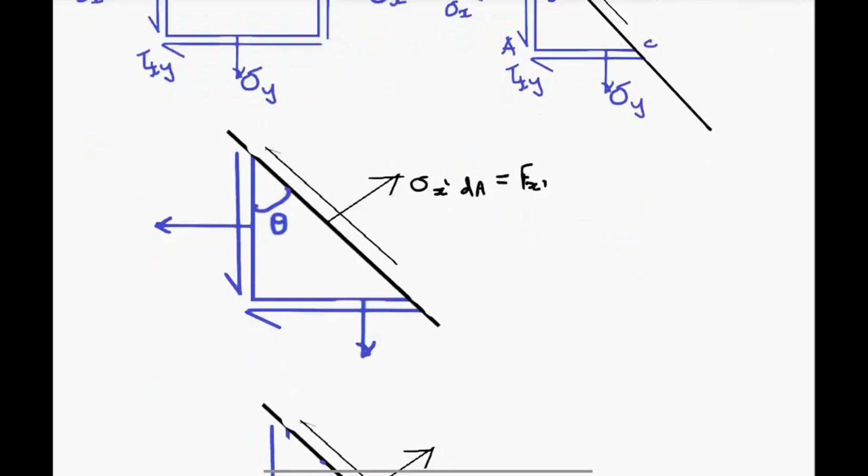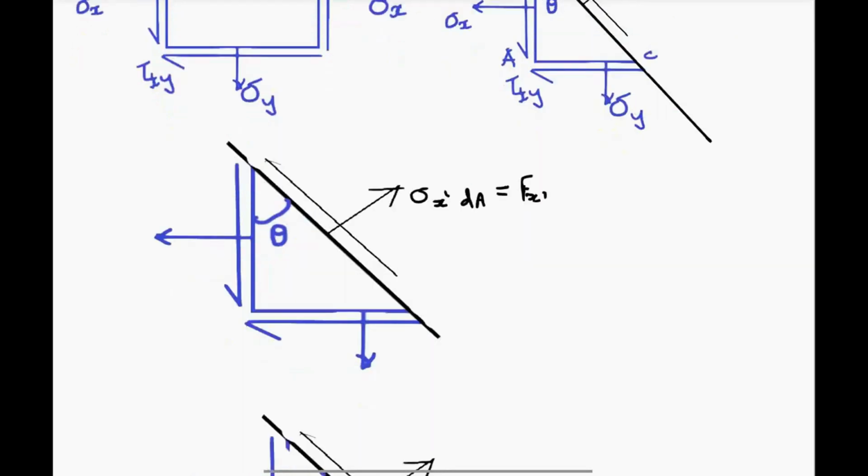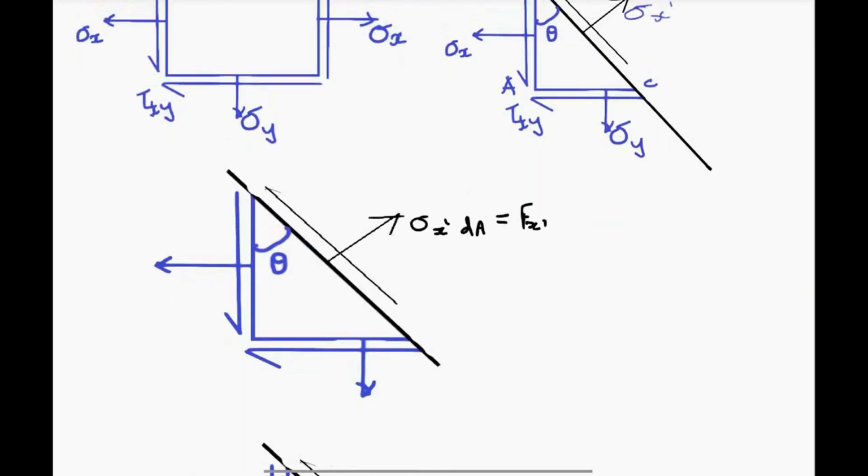Now, to find the unknown stresses, we'll have to find the forces due to the stresses, and then draw a free body diagram so that we can sum up the forces and find the formula required in determining the unknown stresses. Now the forces: sigma x prime acts on the plane BC.